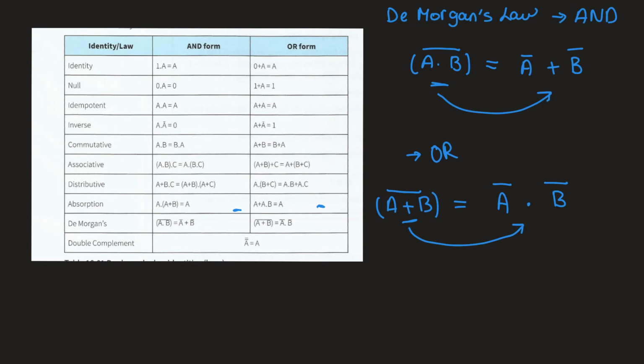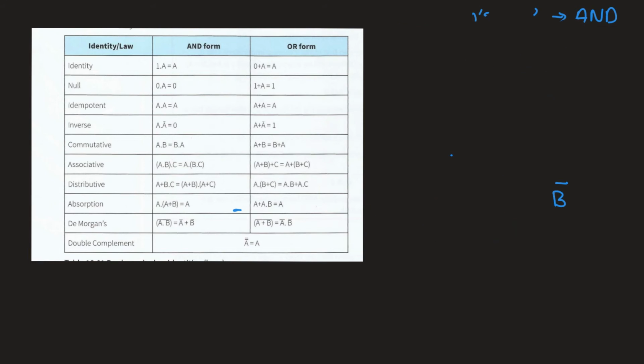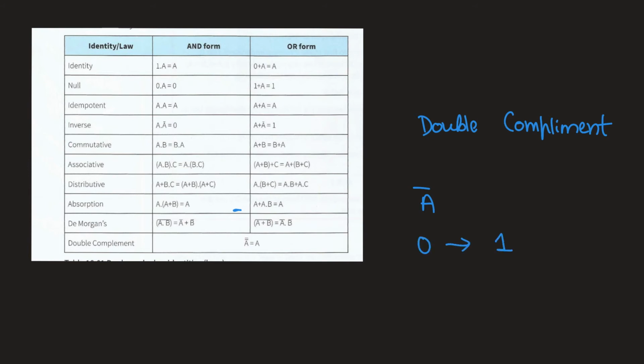Now the double complement. Say we have a term in a single complement. When we do this, it means our 0 will turn to 1. If our initial value is 0, it will turn to 1. But what if over here we call this y and we complement it again?